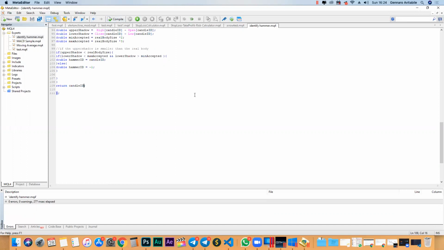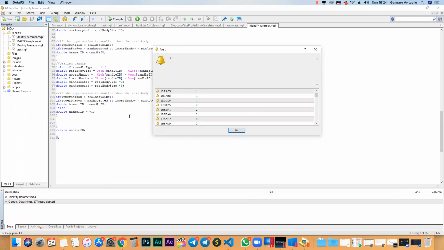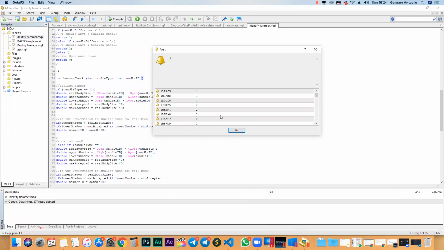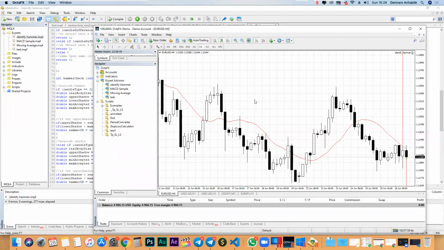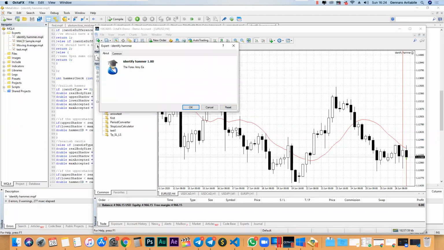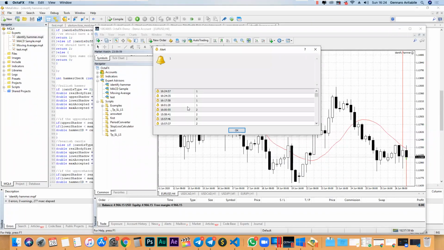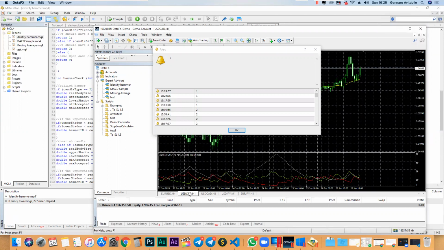All right, all right, all right. And it should return, what do you mean 1? That's definitely not what it should return. So it returns 1, and let's change.